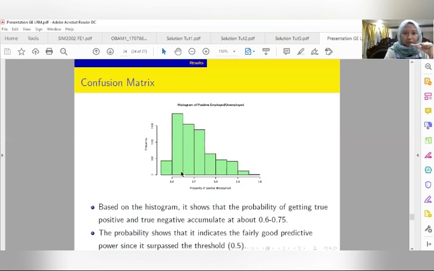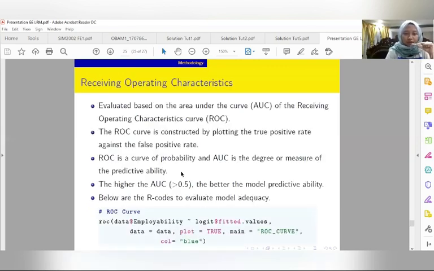Now we move on to the receiver operating characteristic. In our analysis, it is used to evaluate the model adequacy, based on the area under the curve, AUC, of the ROC curve. The ROC curve is constructed by plotting the true positive rate against the false positive rate.